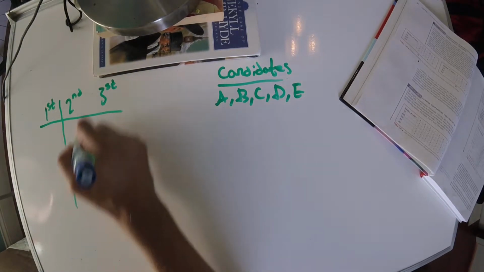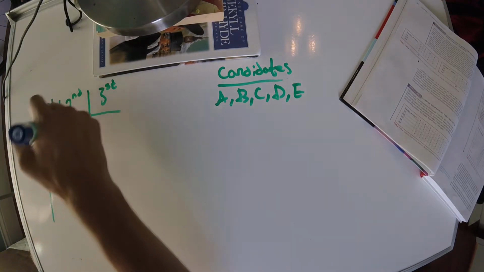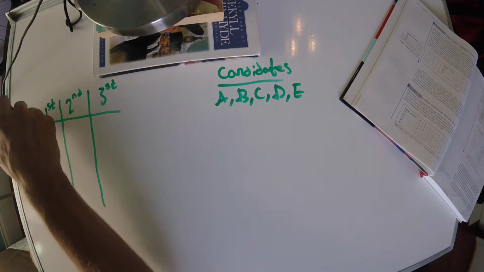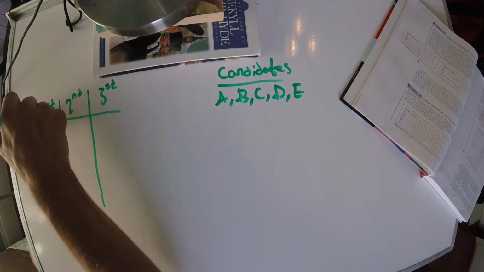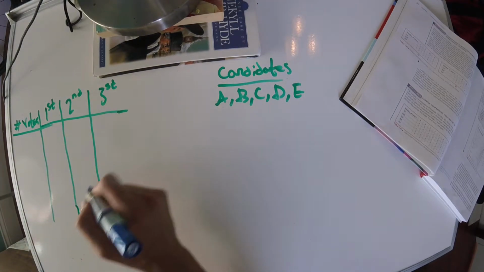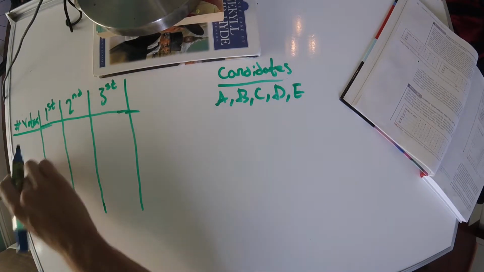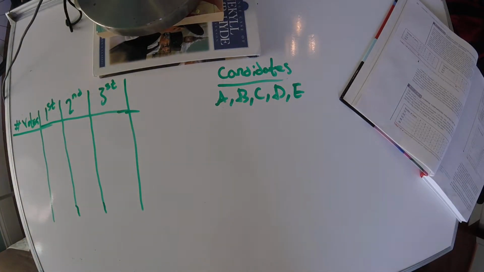And then let's add a column for the number of voters. And so these won't each be one single ballot. There are some repeated orders, and so we will have the counts for each of them in this row here.